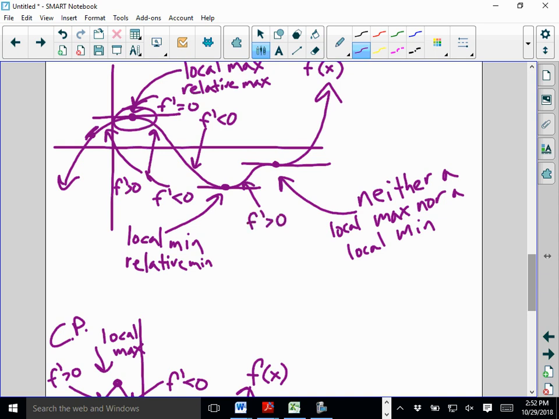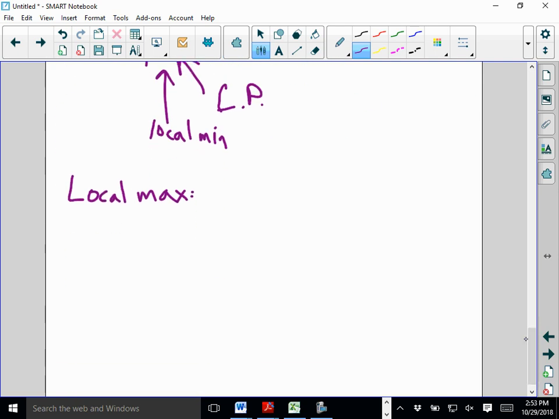So here's what we say. For a local max, at that x value, f prime switches, right? In both cases they switch, but f prime specifically switches from positive to negative. Okay? Box that thing up. That's very, very, very important.